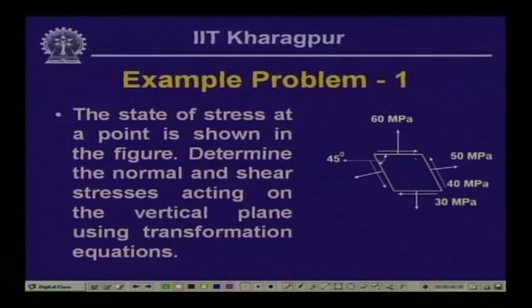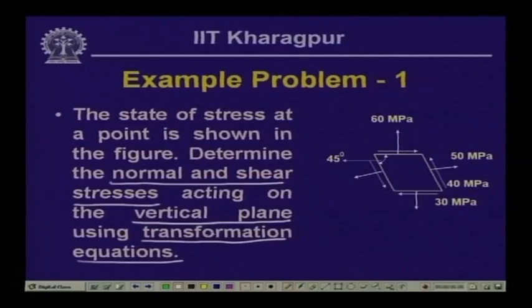On a plane inclined at 45 degrees to this horizontal plane, the normal stress is 50 MPa and the shearing stress is 40 MPa, and on the horizontal plane we have a shearing stress of 30 MPa. We have to compute the normal and shear stresses acting on the vertical plane using transformation equations.